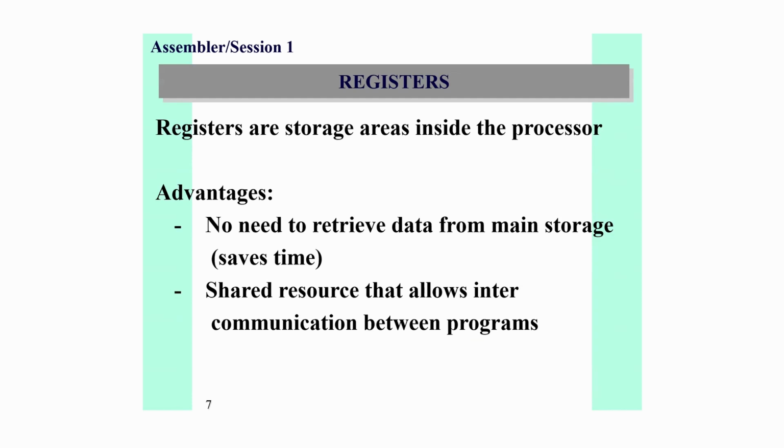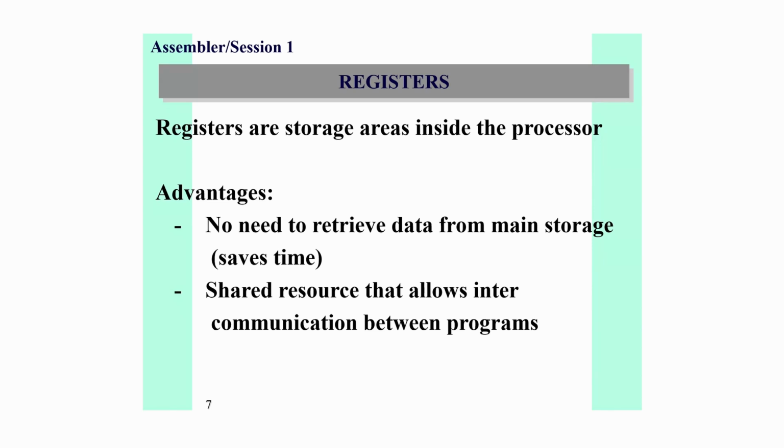We come to another important part of the assembler program, that is called registers. You will be closely interacting with the registers in assembler, whereas you won't be worrying about registers in your high level languages, even though when they are converted to object code, that will be converted with the registers as operands in the code.